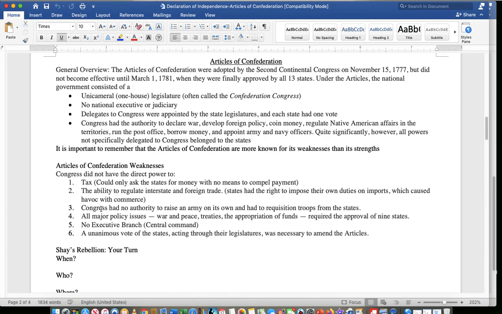Now, all major policies or issues, so all major laws, and I've got here war and peace, treaties, appropriation funds, they required 9 out of 13 states, all right? Now, that might not sound difficult to you, like, oh, that's doable. It's really difficult, all right? We call that a supermajority. It's just not a simple majority where it's 5 out of 9.